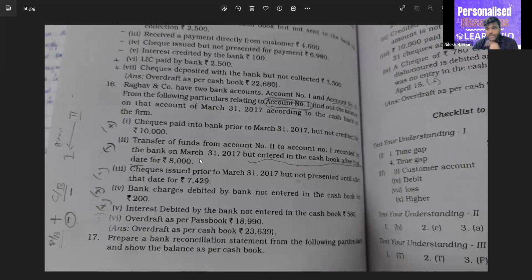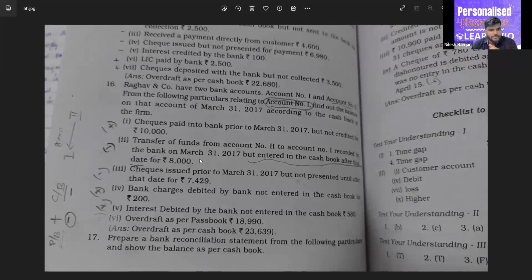then the impact will be on cash book. Yes, sir. Because we are issuing a check, so we will record it in our cash book. Now, increase or decrease in cash book? If we issue our check, then the balance of cash book will increase or decrease? It will increase, sir. Sorry, it will decrease.